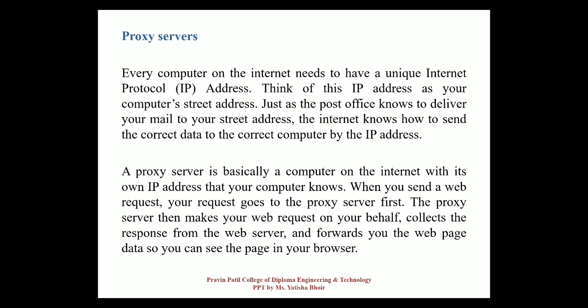First you search for the web page, then that request goes to the proxy server. The proxy server requests that web page from the web server, the web server gives the information to the proxy server, and then the proxy server gives the information to you. So the proxy server is middleware between the user and the web server.